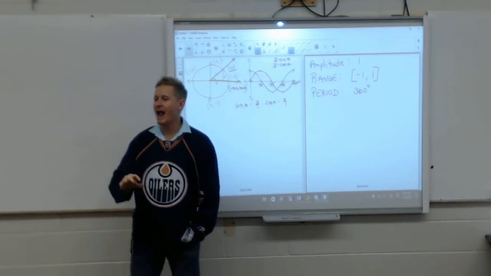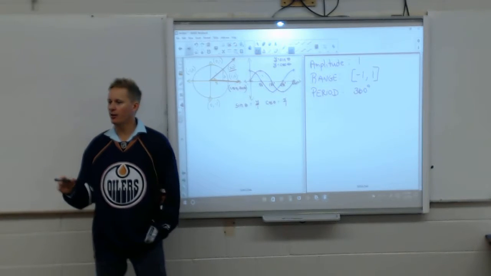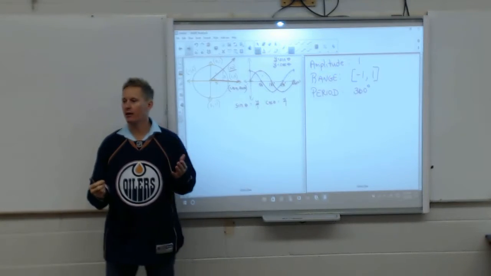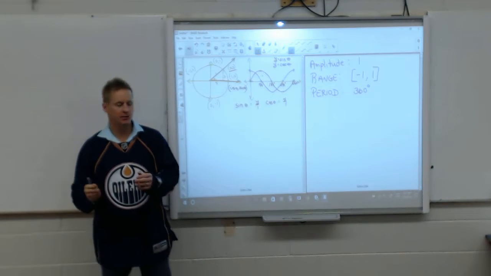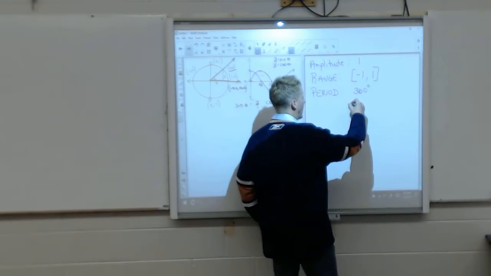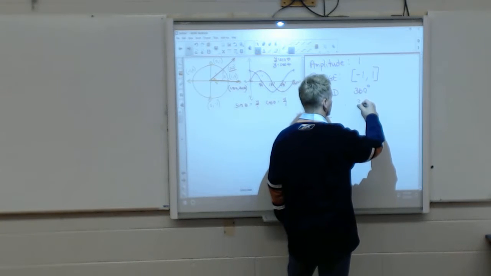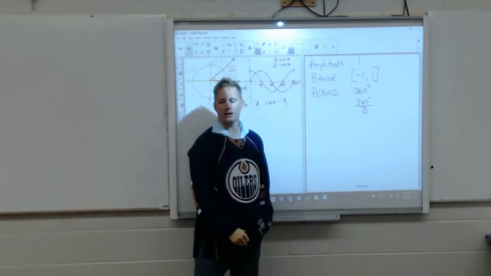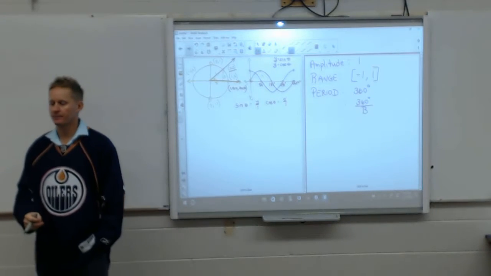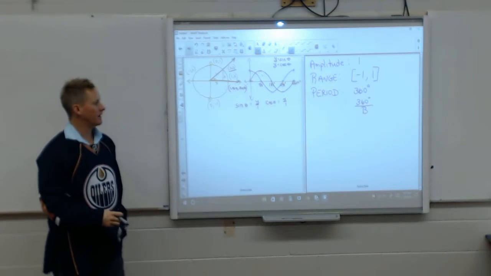The period for any sinusoidal graph, and when I say sinusoidal, I mean either sine or cos, is 360 degrees over the b value. And I'll talk about the b value in a second.